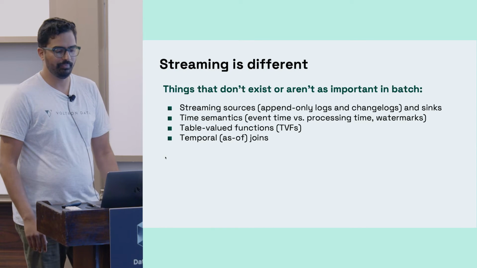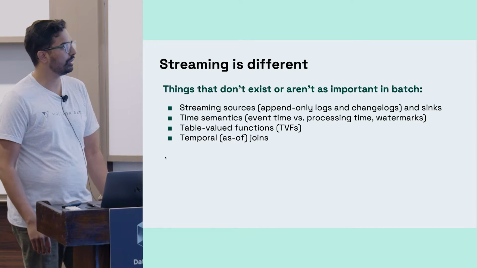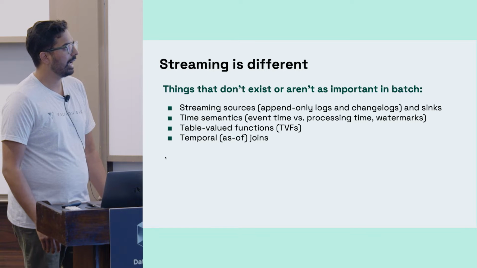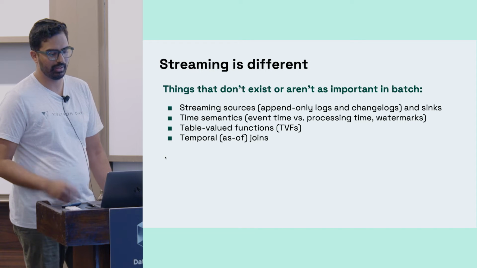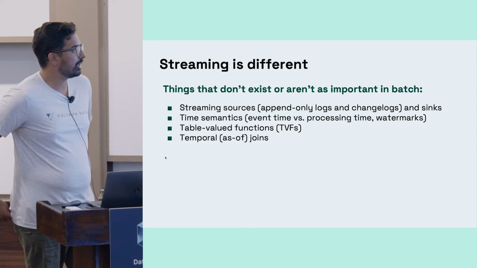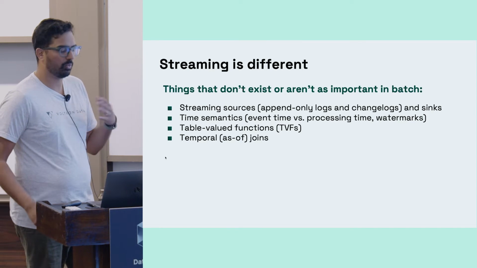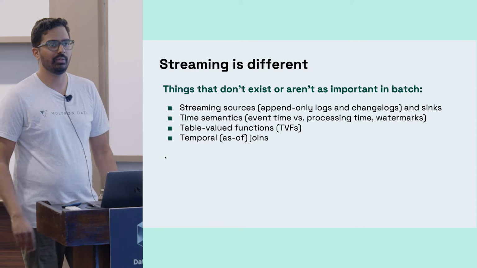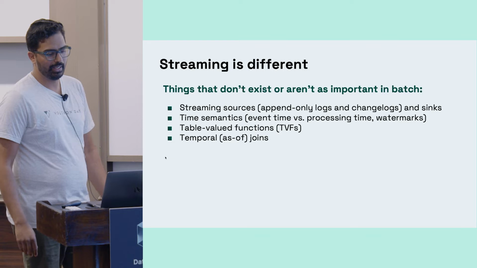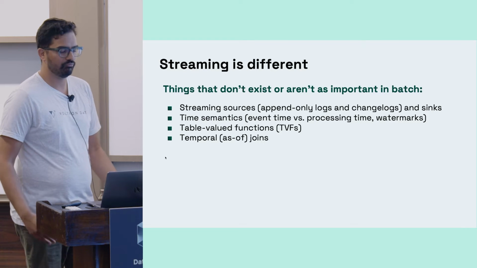For example, for real-time data, you have considerations around when the data arrives, so out-of-orderness, late-arriving data, et cetera. To combat this, you have concepts like watermarks that you need to support. There's also the whole notion of event time versus processing time, and which one you should use in each situation.